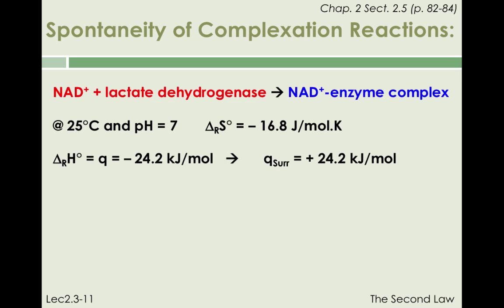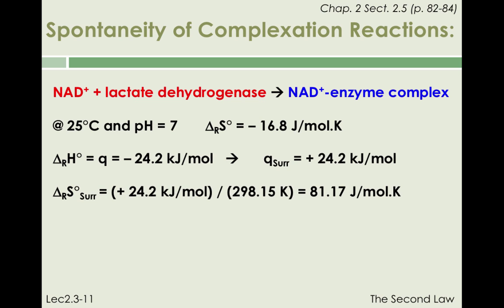From these values, we calculate ΔrS standard for the surroundings equal to plus 24.2 kilojoules per mole divided by 298.15 Kelvin, equal to 81.17 joules per mole per Kelvin.